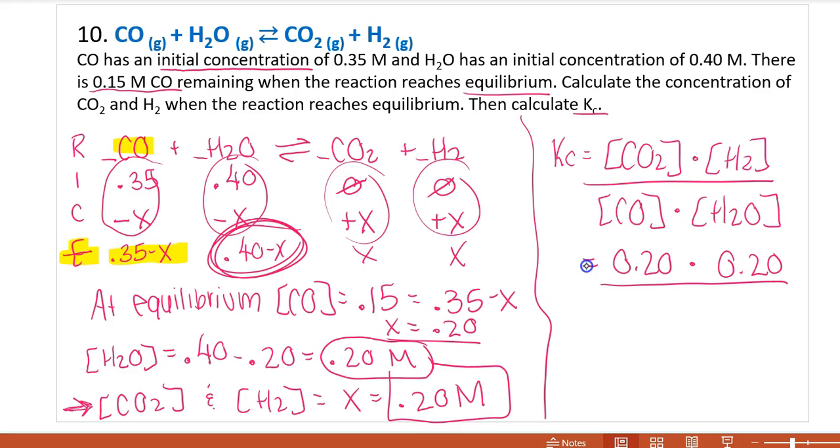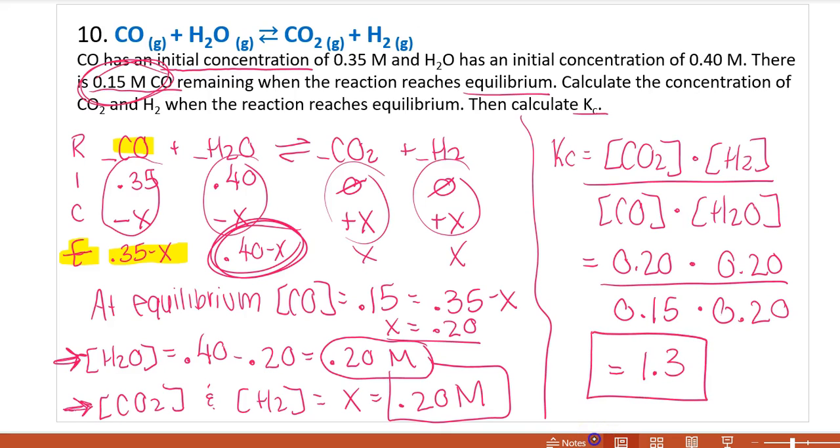The concentration of carbon monoxide at equilibrium was given to us, that's 0.15 molar. And then we solved for the equilibrium concentration of water. It was 0.20 molar, which should give you a final answer of 1.3.